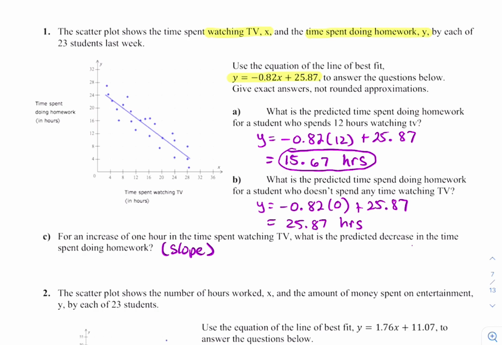And then I'm just figuring out slope, which I'm using my equation for since I have that. So my slope is going to be that 0.82. And I'm not going to include the negative in that because in this statement, it's asking for the predicted decrease, which is implying that negative answer.